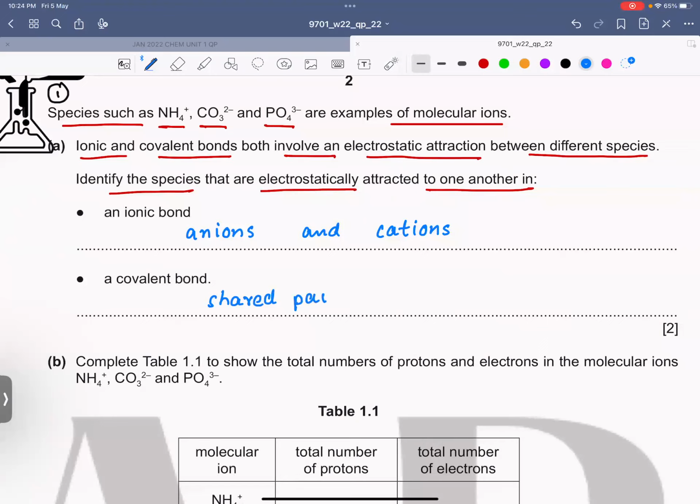The shared pair of electrons and the two nuclei, because that electron pair is actually present between the nuclei of the two bonded atoms. So the shared pair of electrons and two nuclei. Is this understandable? Yes.